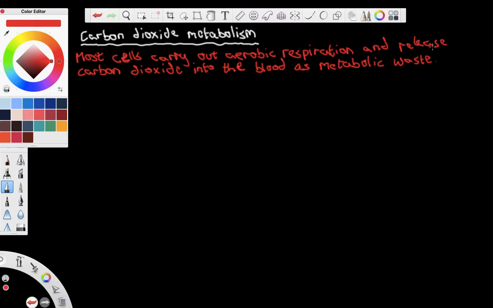Okay, so when cells carry out aerobic respiration, they produce carbon dioxide, which is released into your blood as metabolic waste.